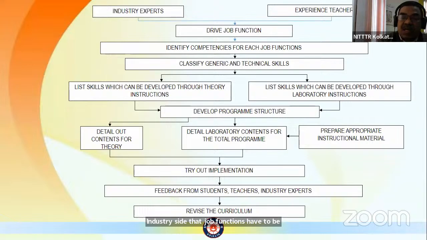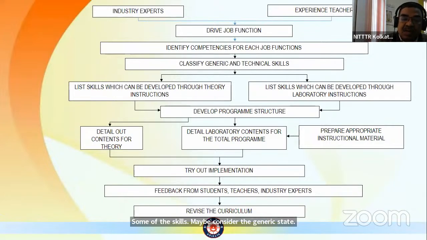After deriving the job functions, identification of the competencies for each job function will be essential and will be done. After identifying the competencies for each job function, we'll have to classify the generic and also the technical skills. Some of the skills may be considered generic skills.